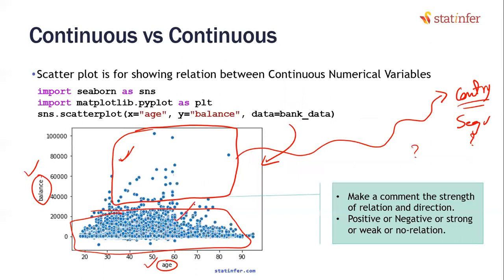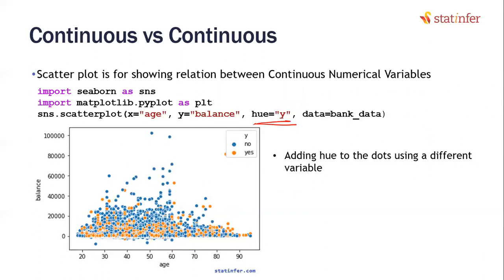Whatever the usual pattern was, the same thing can be observed in amber, and the same in blue. So even adding a third variable is not adding clarity. But I'm telling you this because sometimes it might come in handy that these two variables are related slightly differently in a particular segment. You can highlight that by keeping the third variable on the hue or the color.